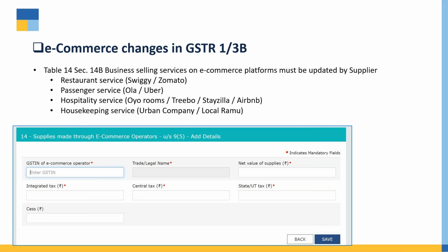Like in the case of restaurant services, Swiggy, Zomato; passenger services, Ola, Uber; and in the case of hospitality services, OYO Rooms and so on. So in case we have a housekeeping service that we run and we take help of these e-commerce operators online, as we all know, the complete tax liability implies on them.